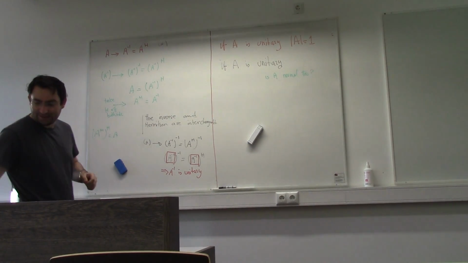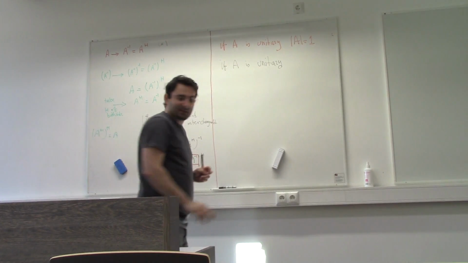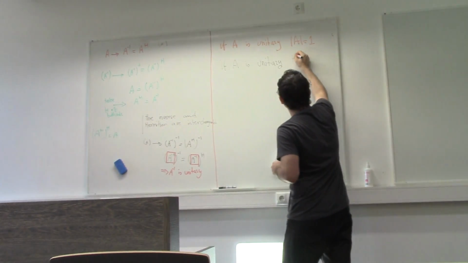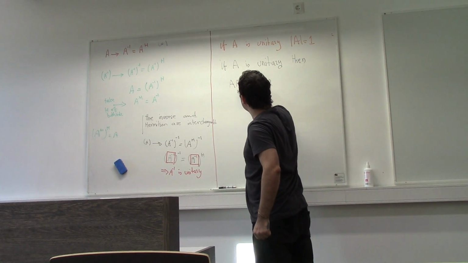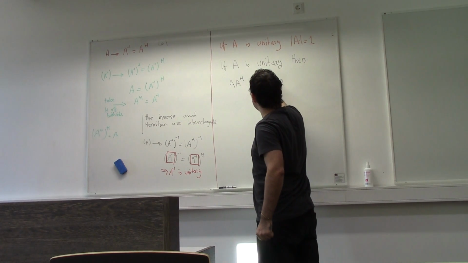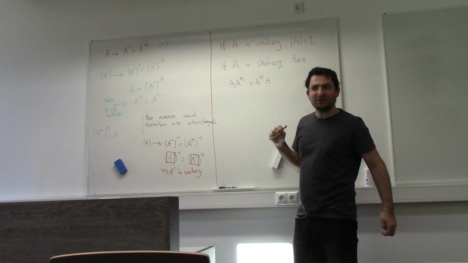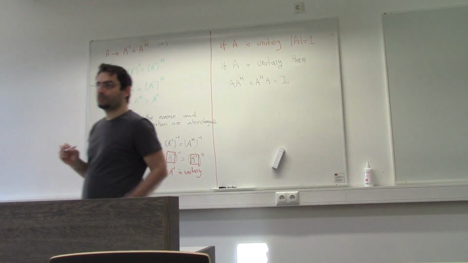Excellent. It's basically the same thing. Very true. If A is unitary, then A A Hermitian is equal to A Hermitian A. You should know that already: A Hermitian is equal to A inverse, and A A inverse is equal to I, right?